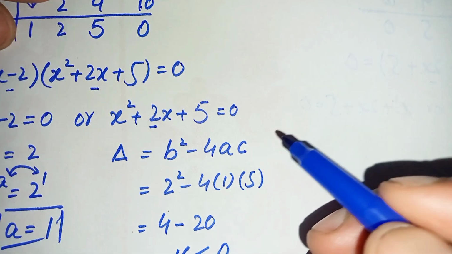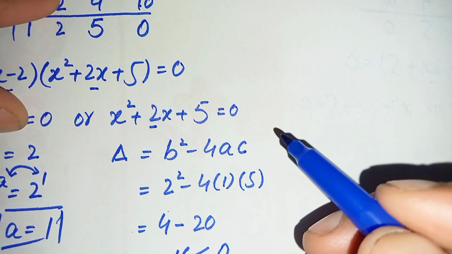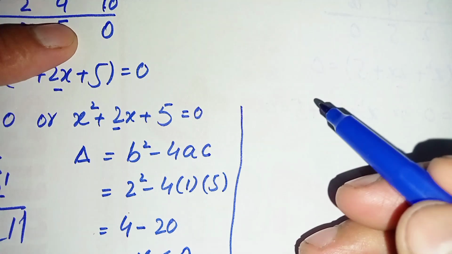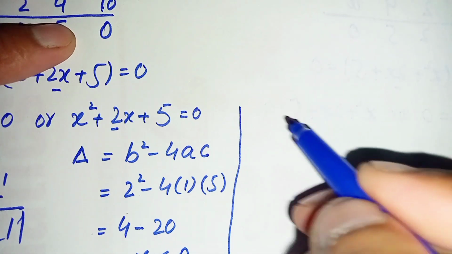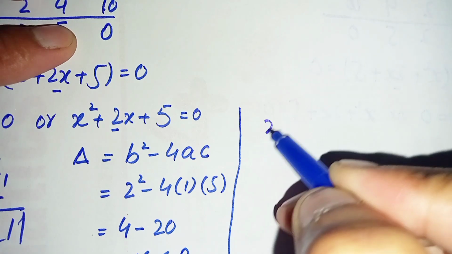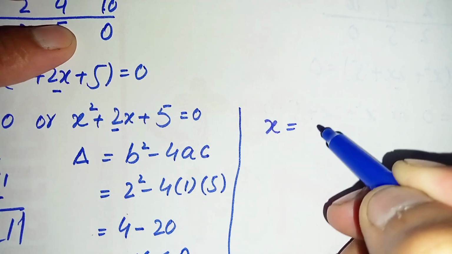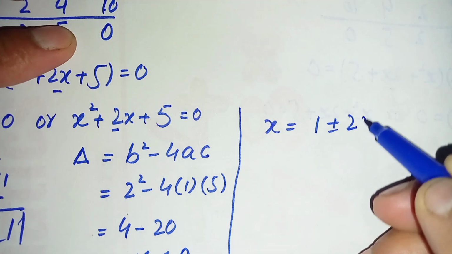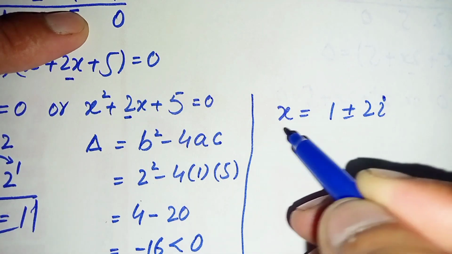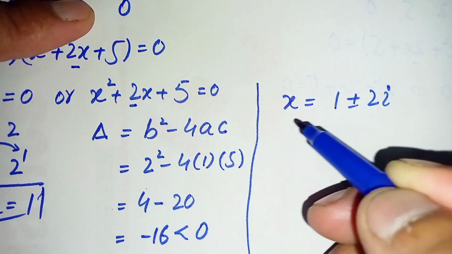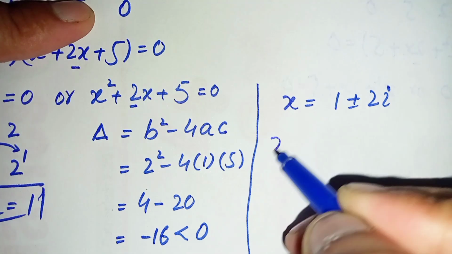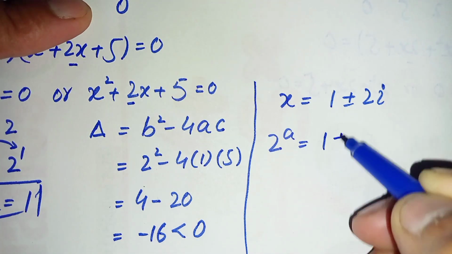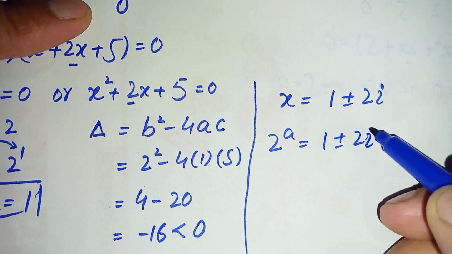So here we will try to reject those solutions, because if we find the roots of this quadratic equation, those roots will be like this: x is equal to minus 1 plus minus 2 iota. Now here if we replace this x with its actual value, that is 2 raised to power a is equal to minus 1 plus minus 2 iota.